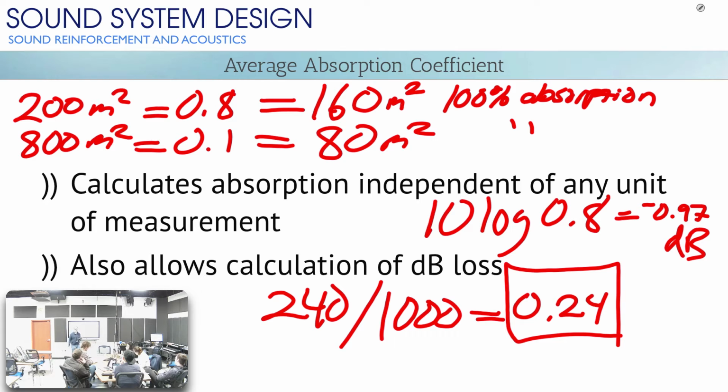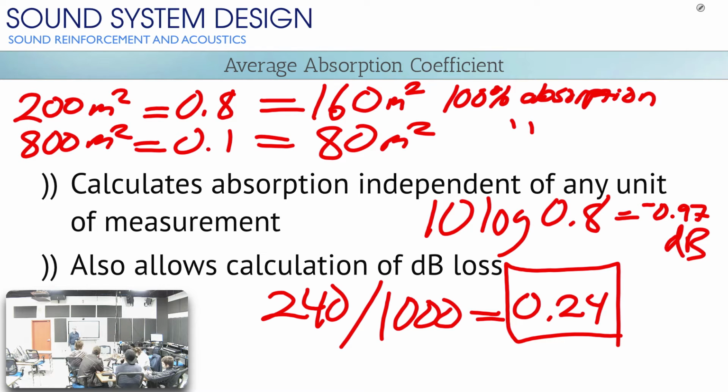Anyone else get that? So what that means is in this room, the sound comes back at you 1 dB quieter. Excluding issues of inverse square law, right? But the sound comes off of the surfaces of this room 1 dB quieter than it did when it hit the surfaces in this room. Okay? That's not a whole lot. This is going to be a fairly reflective room.